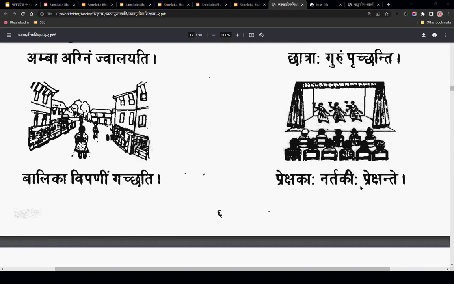Nartakihi. So what is the vibhakti vachana of this nartakihi? Bahuvachanam. Vibhakti. Ditiya. So if you look at this, this is nartaki. What is the pratipadikam of nartakihi?